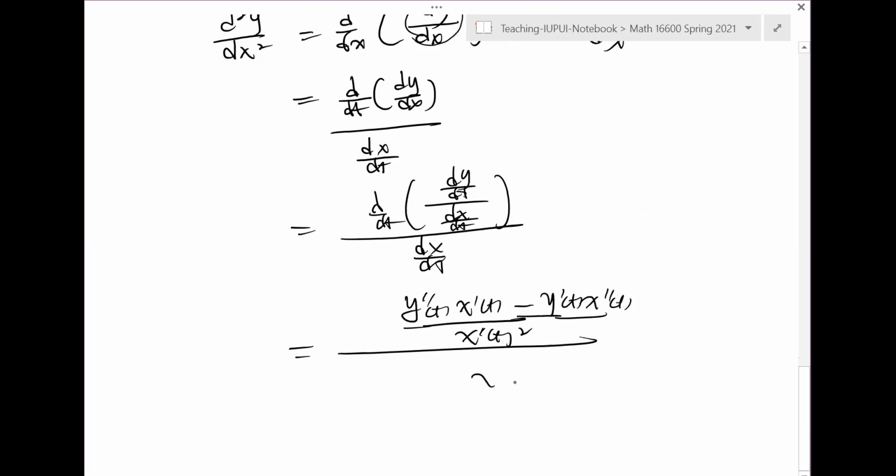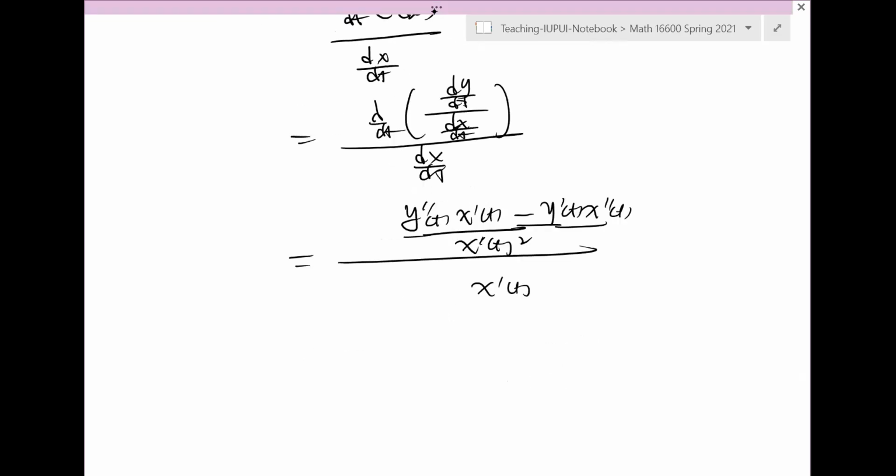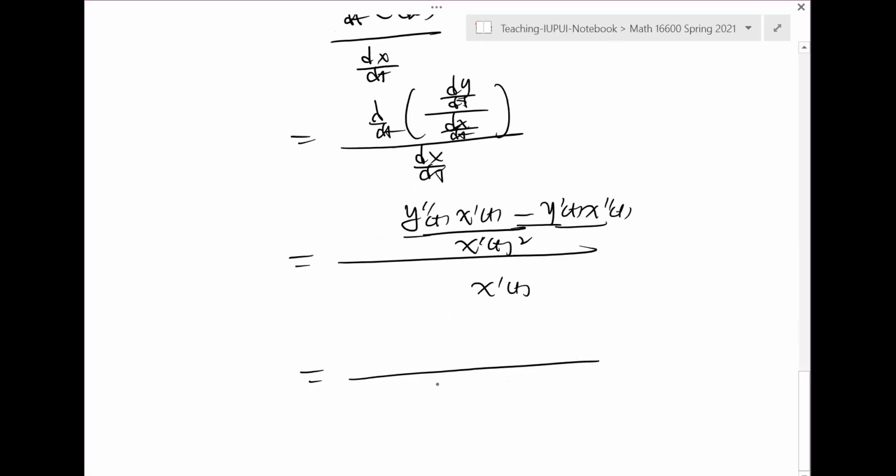And here x prime t is not squared, just x prime t. After you simplify, you get this. So this is a formula one can use to find the second derivative.